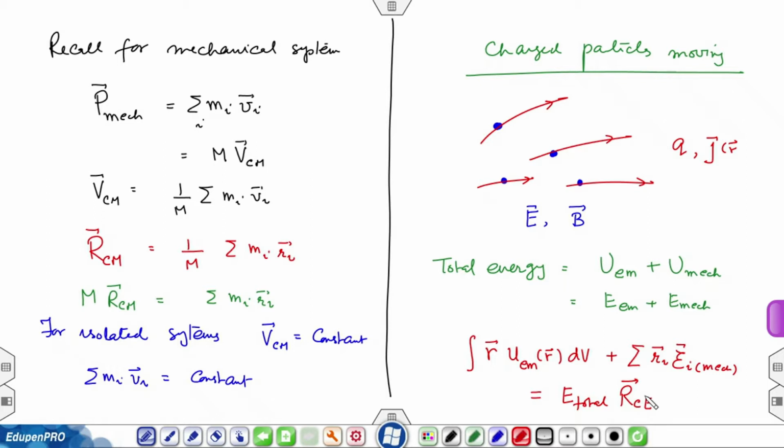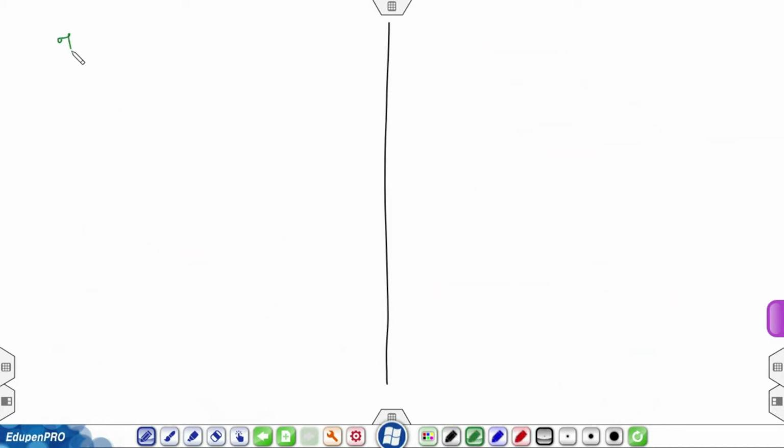So, theorem would be just like the theorem for the masses. So, for a collection of masses, we have that M d r_cm over dt is equal to total momentum.